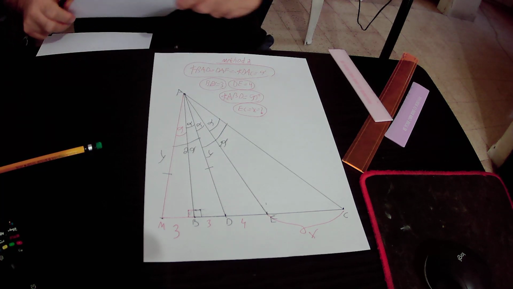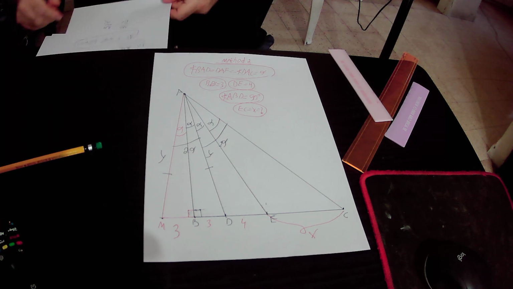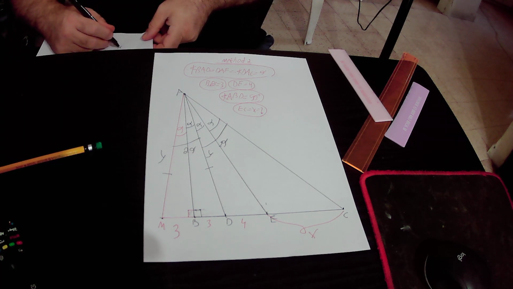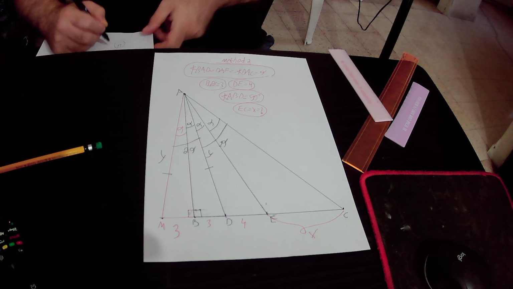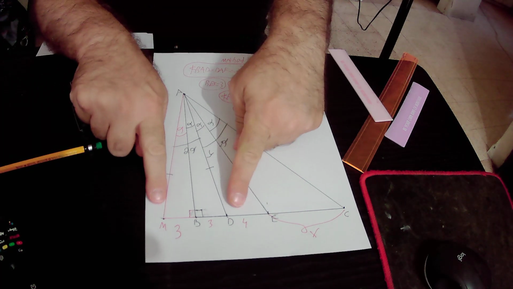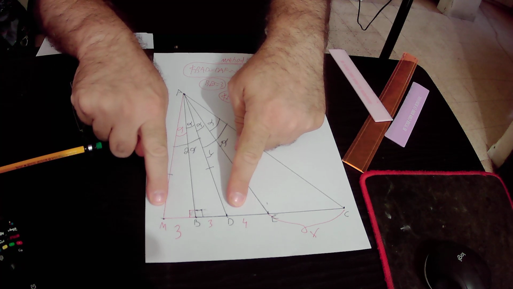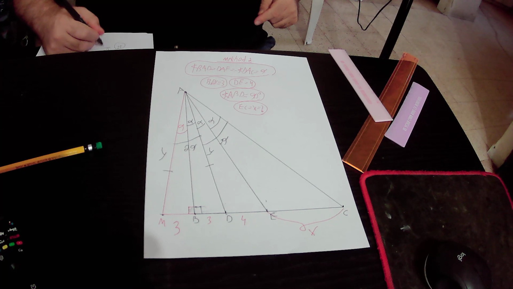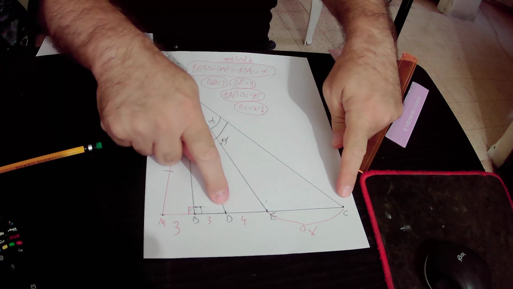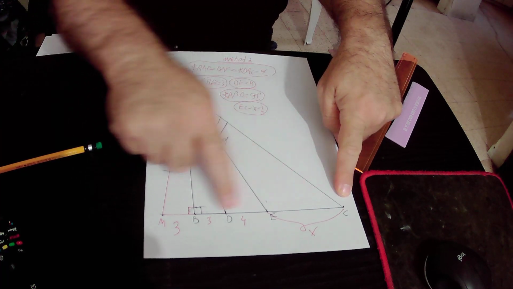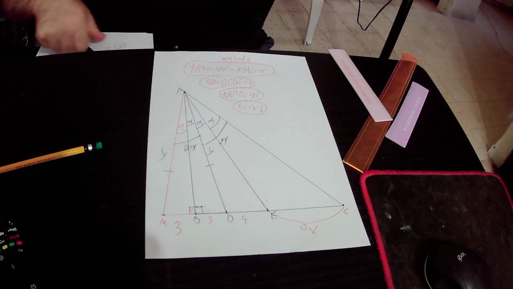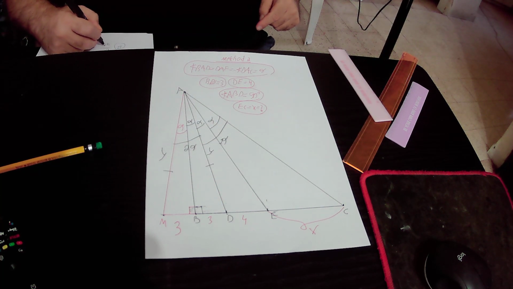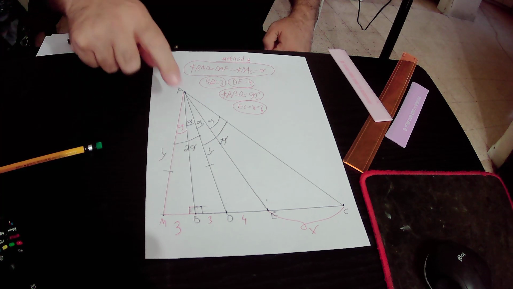So, what is the value of MD? The value of MD is actually 3 plus 3, that is to say 6. And what is the value of DC? DC equals 4 plus X. What is the value of AM?